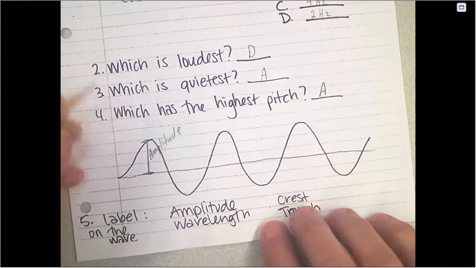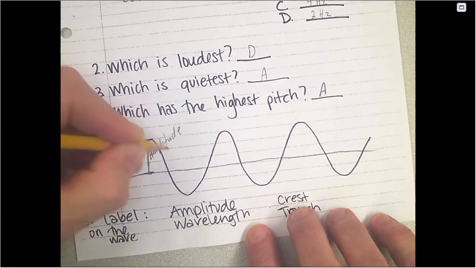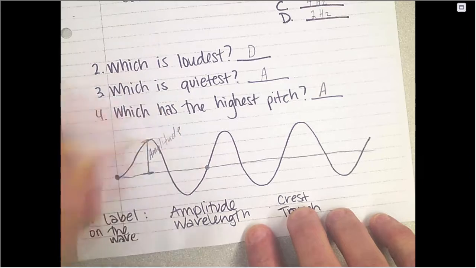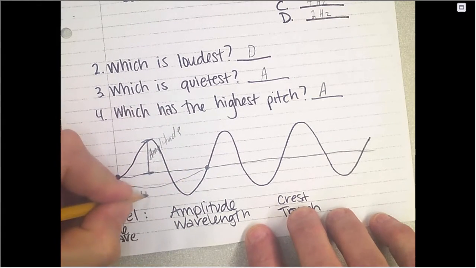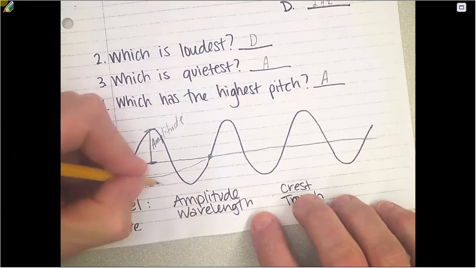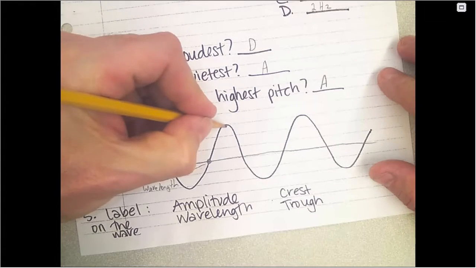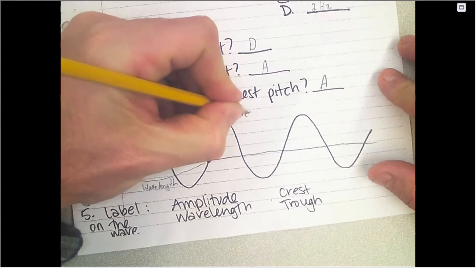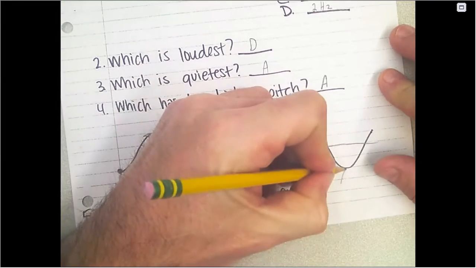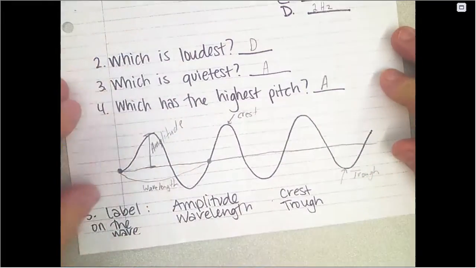The wavelength is from one point on a wave to that same point again. That is a wavelength. The crest is simply the top. The highest point is the crest. And the trough is the lowest point on a wave.